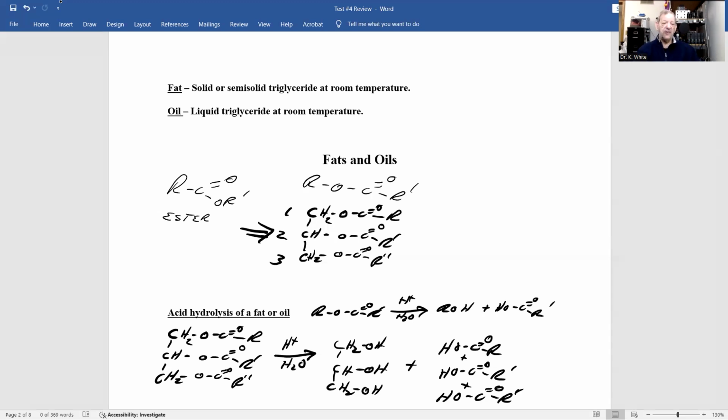And that's a triglyceride. All fats and oils have that structure. What's different is R prime and R double prime. And good news, all the reactions I taught you about esters, fats and oils undergo.